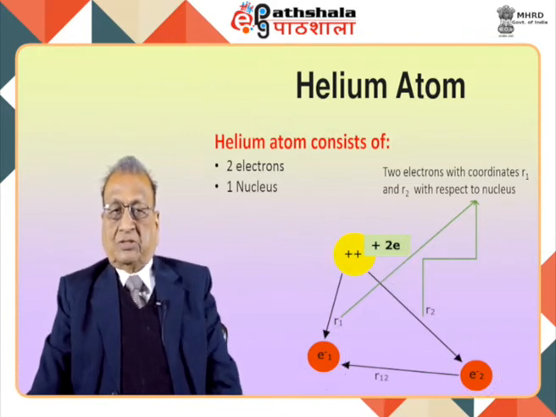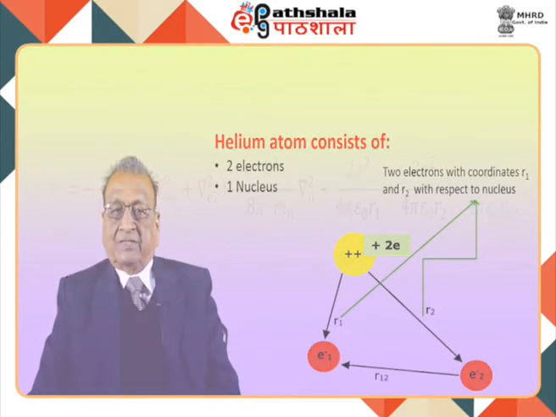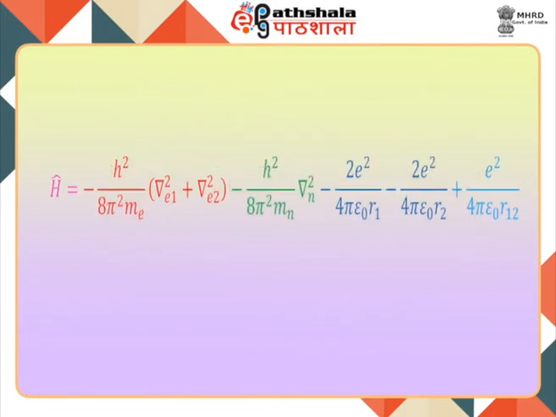The complication in the helium Hamiltonian arises due to repulsion between electrons 1 and 2, making the Hamiltonian, which has the kinetic energy part of the 2 electrons, the potential energy of the electrons with the nucleus, and the potential energy of the repulsion between the 2 electrons.